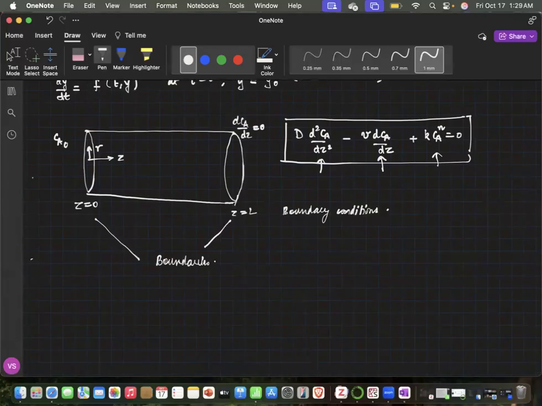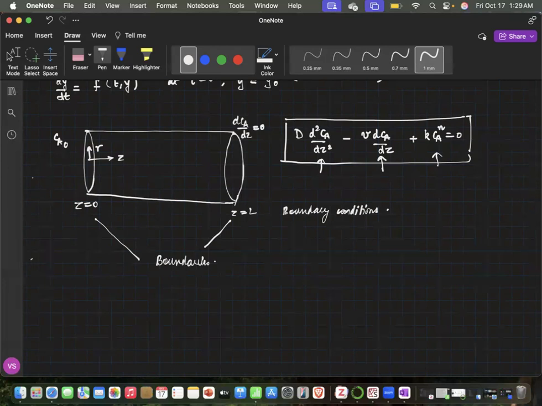We'll learn a method called the finite difference method to solve such problems. We'll also learn how to deal with different kinds of boundary conditions. And in the subsequent lectures, we'll try to solve some problems which deal with such cases, right? So hopefully in the next few lectures and tutorials, we will be well versed with dealing with such problems.